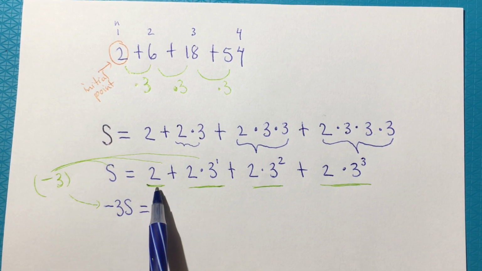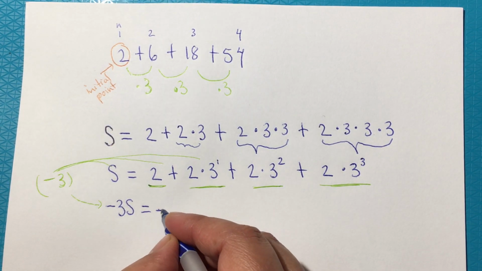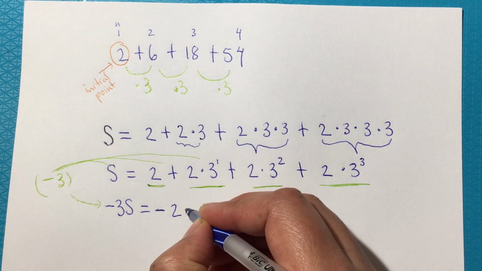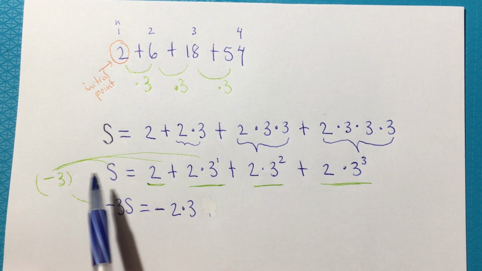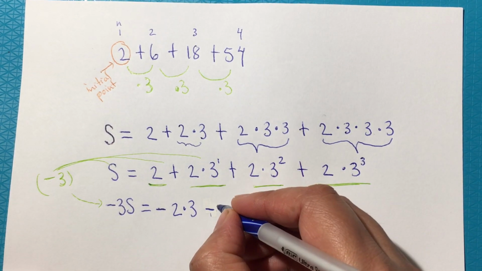And in here, what I'm going to do is multiply the sign first. Negative times positive is negative. And I'm going to leave this as two different factors. 2 times 3. Now for the next one, negative times positive is negative. Again, I'm going to put the 2 in here.